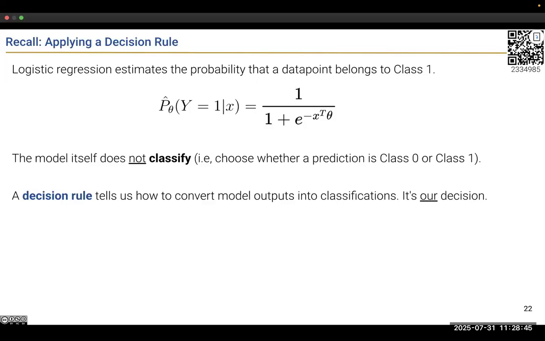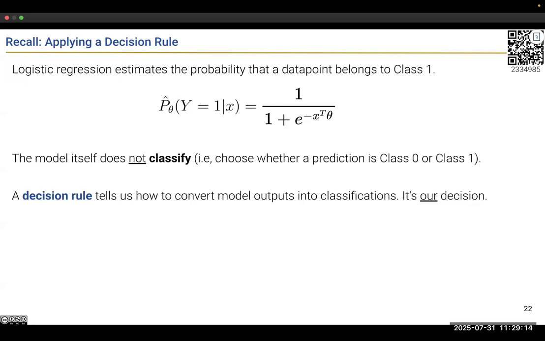Your logistic regression model only outputs predicted probabilities that your data point belongs to class 1. It doesn't actually classify this data point into class 1 or class 0. It only gives you a probability. And it's your decision, it's your choice on how to convert this probability into a class label, a 1 or a 0. So this is called a decision rule.